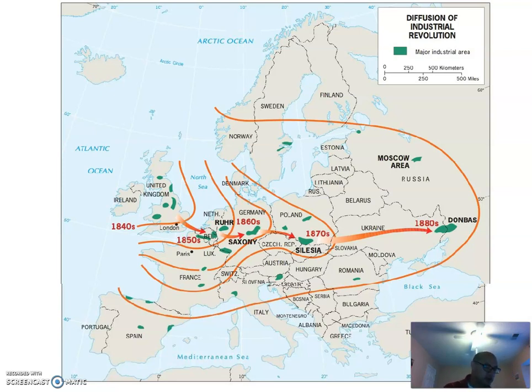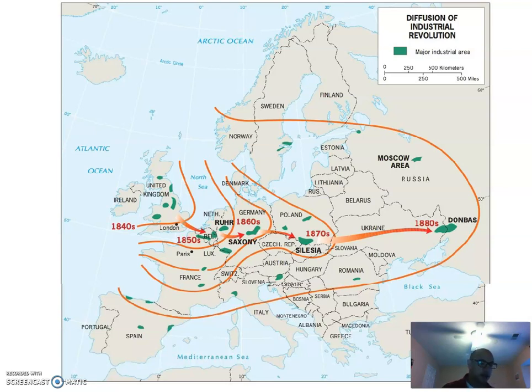A belt of major coal fields extends from west to east through mainland Europe, across northern France, through southern Belgium, the Netherlands, the German, what's called the Ruhr Valley, that's a major river in Germany, the Ruhr. So the German Ruhr region, Western Bohemia and Czechia, and Silesia in Poland.